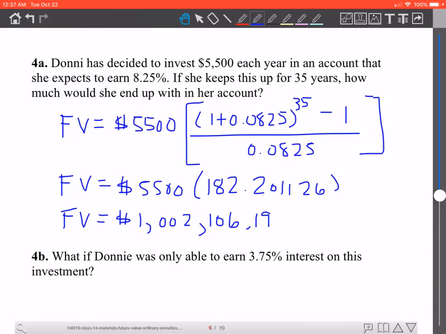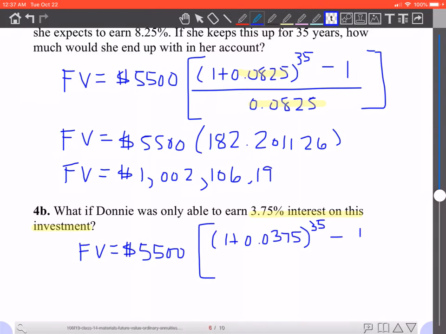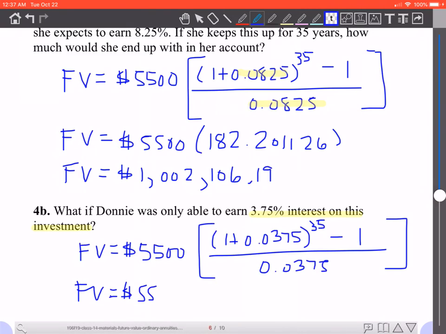What if she was only able to earn 3.75% interest on this investment? What would change about your calculation? Well, we'd have to change the interest rate here and here. So would she have more money or less money? Unfortunately, she's going to have less because she's investing the same amount, but at a lower interest rate. So 0.0375, 35 years. Again, growth factor minus 1. What is this growth factor?